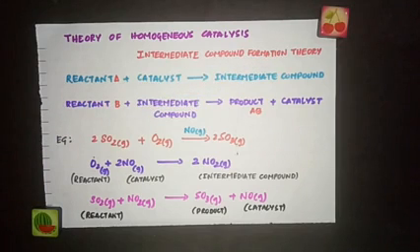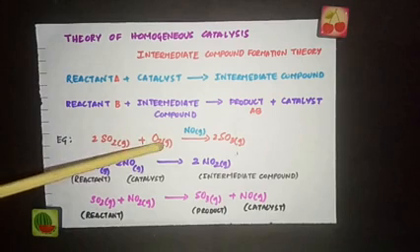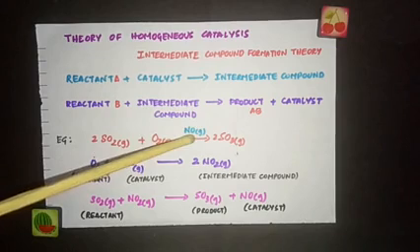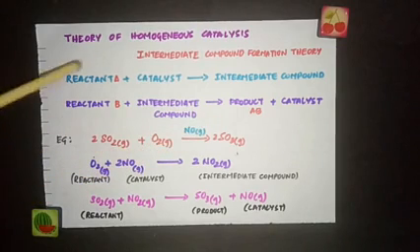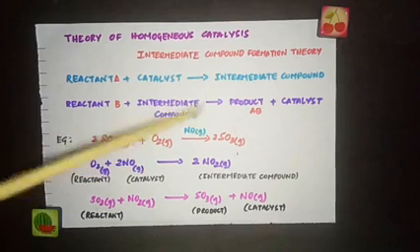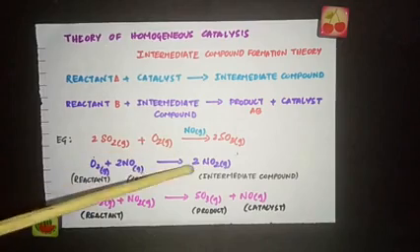So we will apply this theory by taking an example. Here, this is the reaction where sulfur dioxide and oxygen are the reactants, and NO gas is the catalyst. In the first step, reactant A, any one reactant, reacts with the catalyst. So here oxygen, which is the reactant, reacts with the catalyst to give you 2NO2 gas.